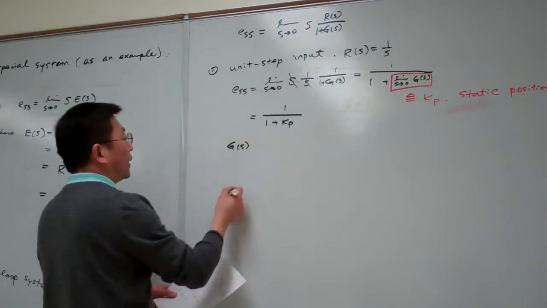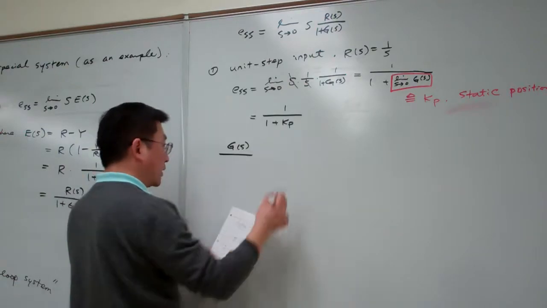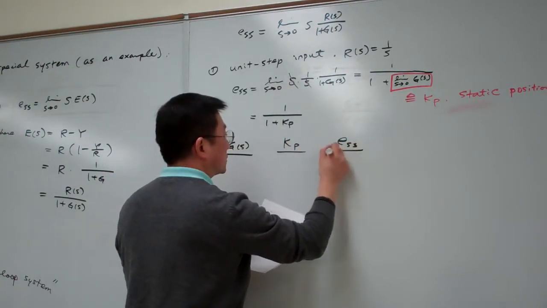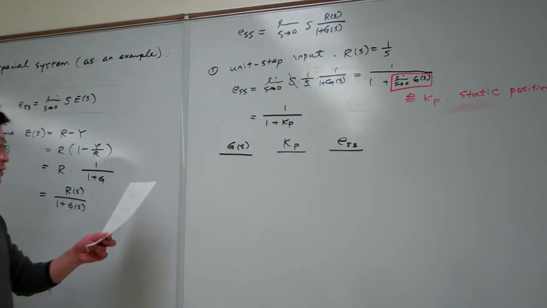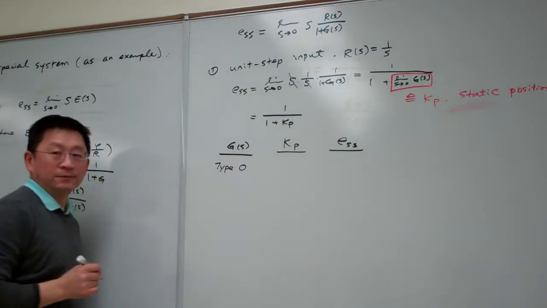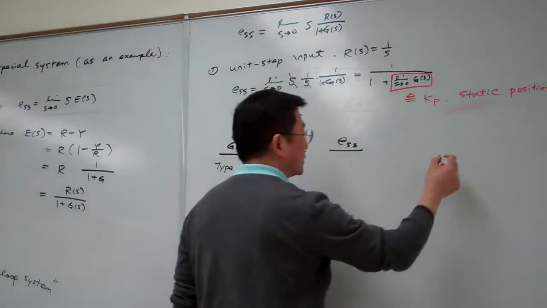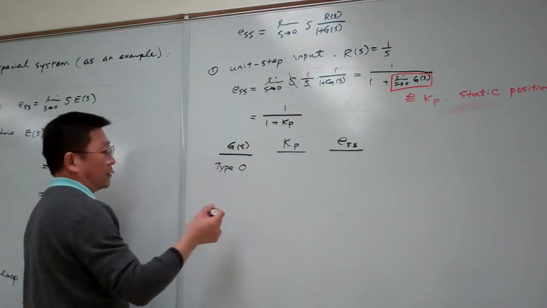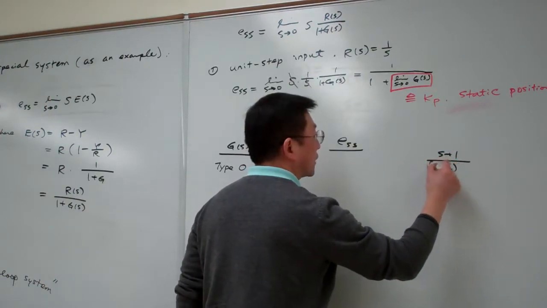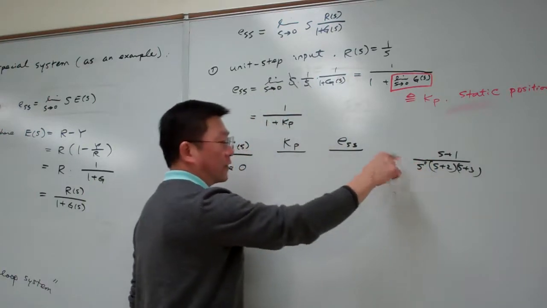Now Kp depends on G(s). Let me tabulate the result here: Kp, and then ESS. For G(s), if this is a type 0 system, what is a type 0 system? A type 0 system is something like (s plus 1), (s plus 2), (s plus 3), but here the multiplication of s is 0.